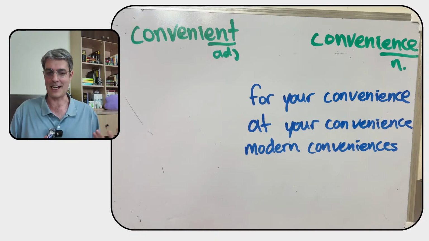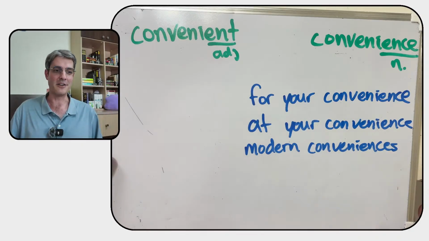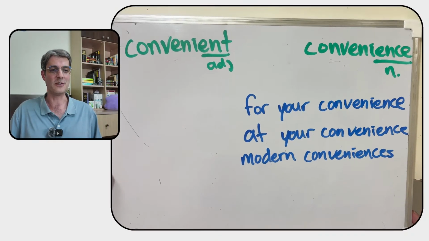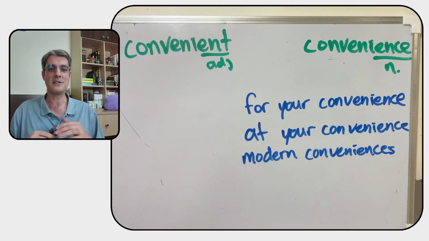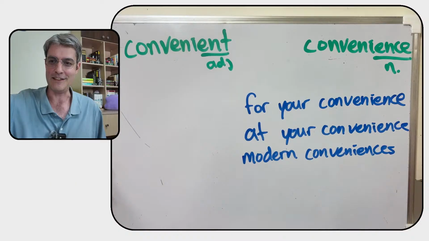It saves a lot of time that could have been spent washing clothes. It is a modern convenience. Maybe having a credit card tied with your phone is a modern convenience. It allows you to not carry so many things with you and to be able to pay for something quickly. It is a modern convenience.